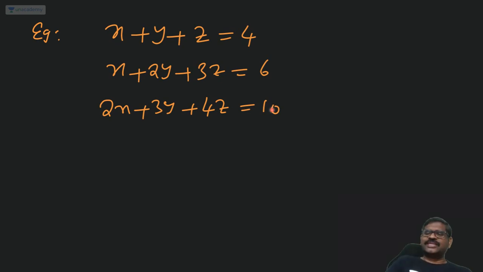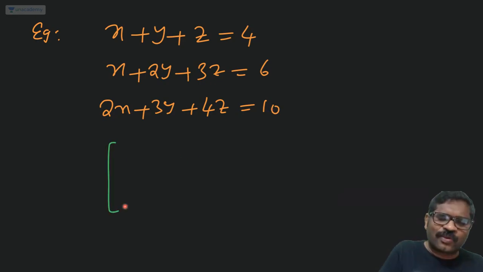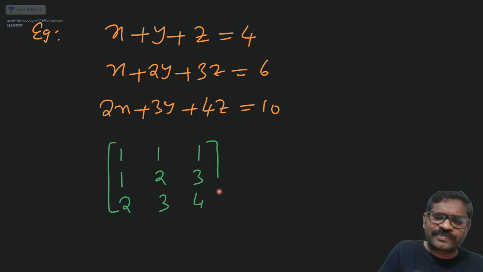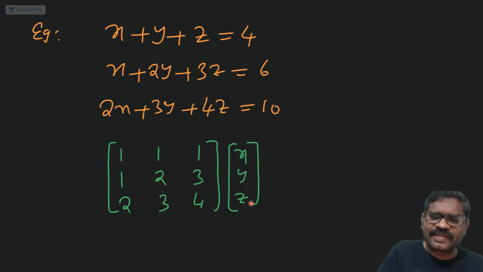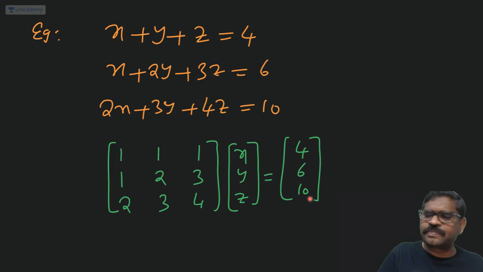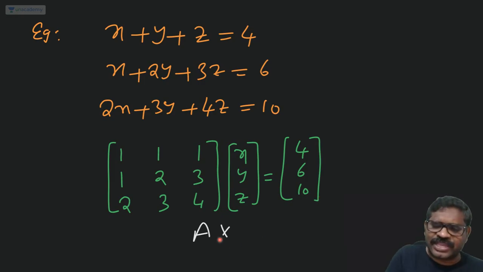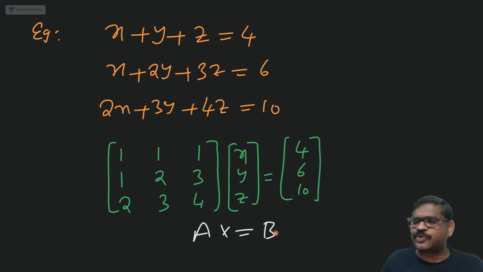Now, it is a non-homogeneous system. Whenever a non-homogeneous system is provided, first you write it in matrix form: 1, 1, 1, 1, 2, 3, 2, 3, 4, times x, y, z, equal to 4, 6, 10. It is in the form of AX equal to B, where B is non-zero.